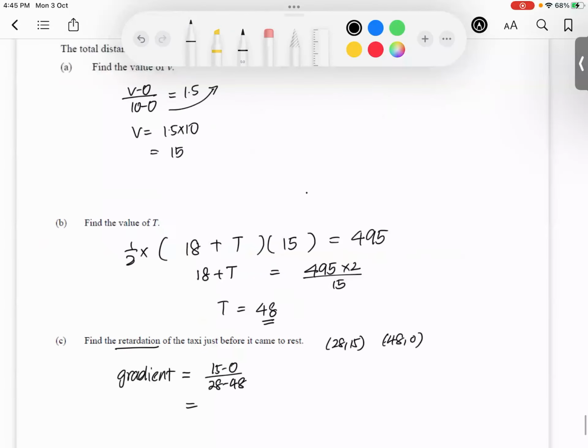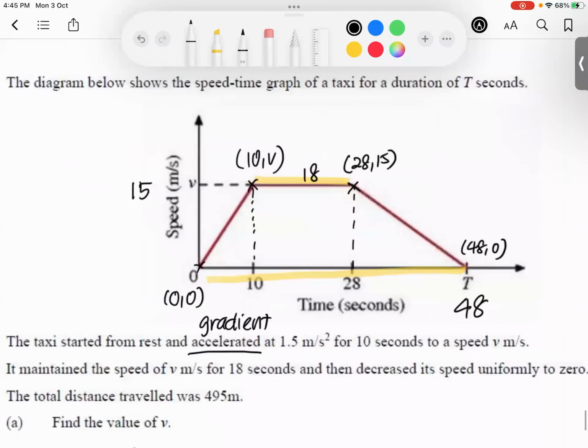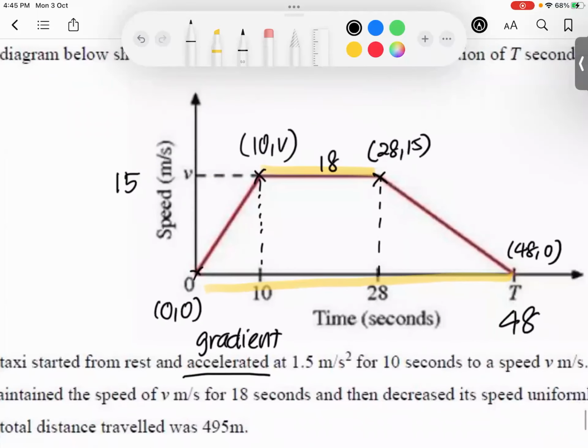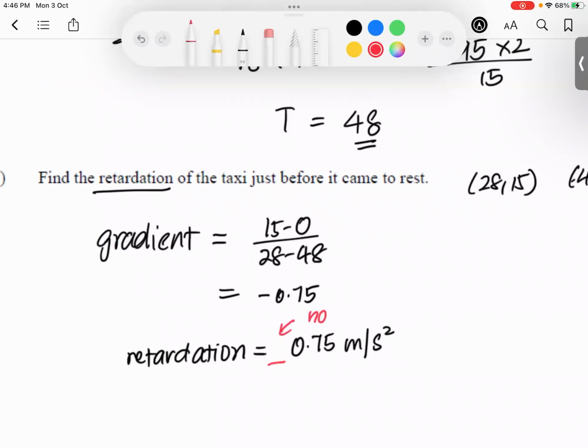Check the units. 15 is meters per second. T is second. So it will be meters per second square. 15 over 28 minus 48. Get negative 0.75. But my retardation is only 0.75 meters per second square. Just the value, no negative sign, because they already say retardation.